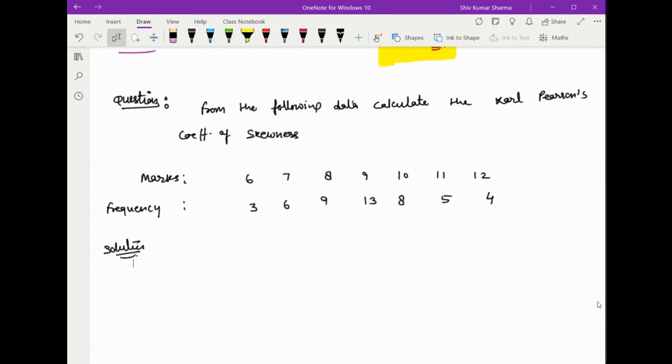So we solve this problem by the assumed mean method.